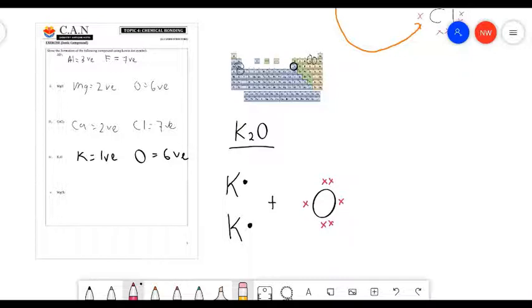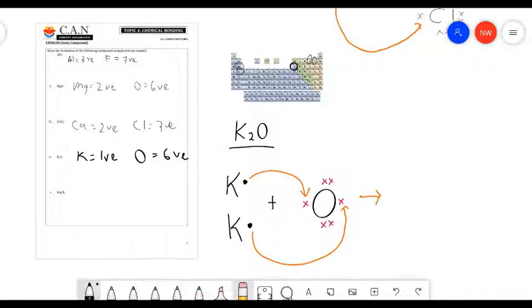Okay, jadi this 2K, this potassium atom akan donate electrons kepada oksigen untuk menjadi oksigen itu octet. So, 1 elektron donate ke sini, another electron from another K donate ke sana. So, you akan dapat K2O.